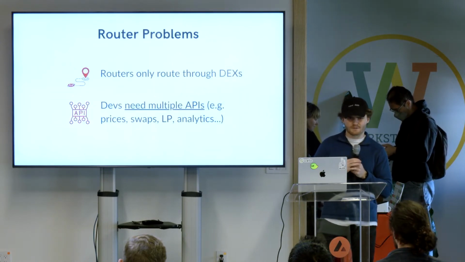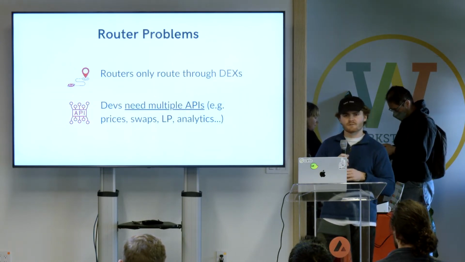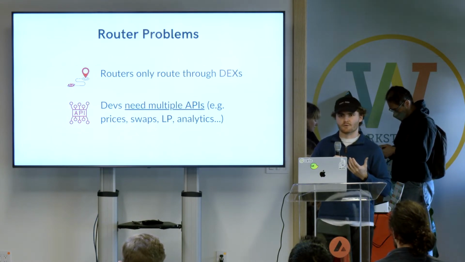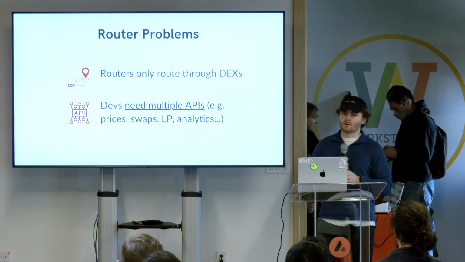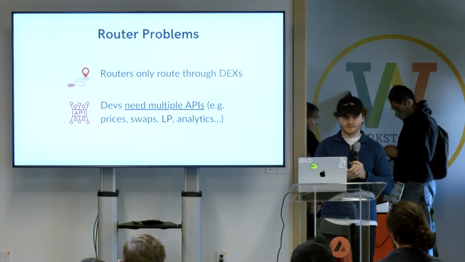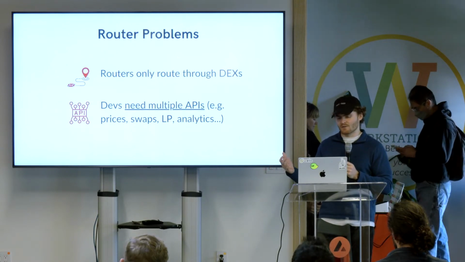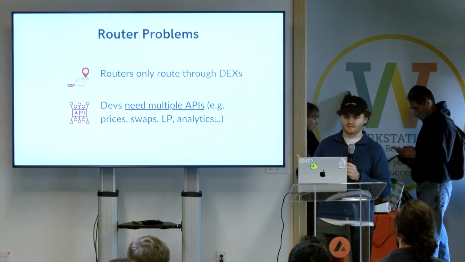And now most routers are more worried just about routing through DEXs. So you're not necessarily going to be able to go from an LP position to another LP position. Or if you want to go from a single token to an LP position, you have to swap into the underlying and then deposit.